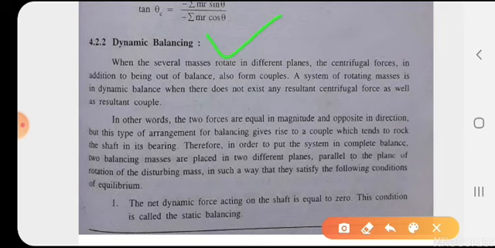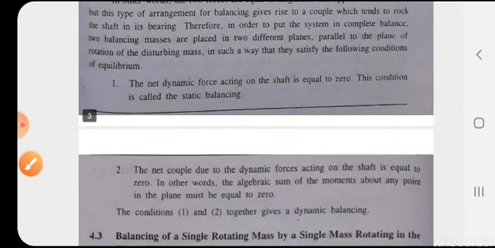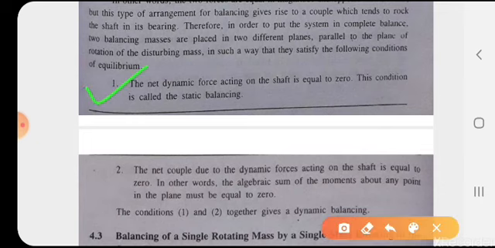A body is said to be in dynamic balance when the resultant moment or couples involved in the acceleration of different moving parts is equal to 0. We can observe there are two following conditions. First one, the net dynamic force acting on the shaft is equal to 0.